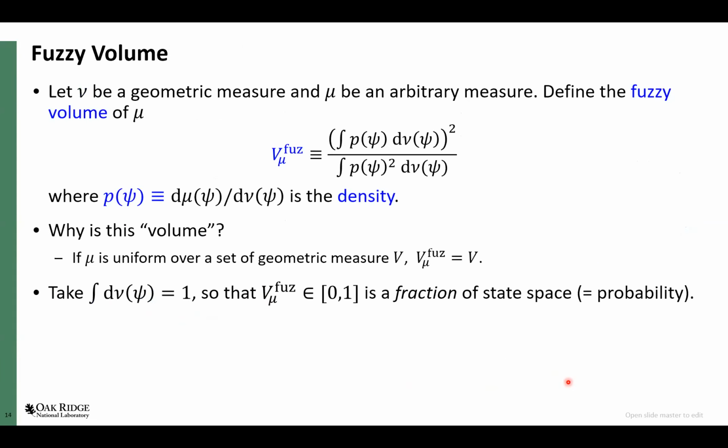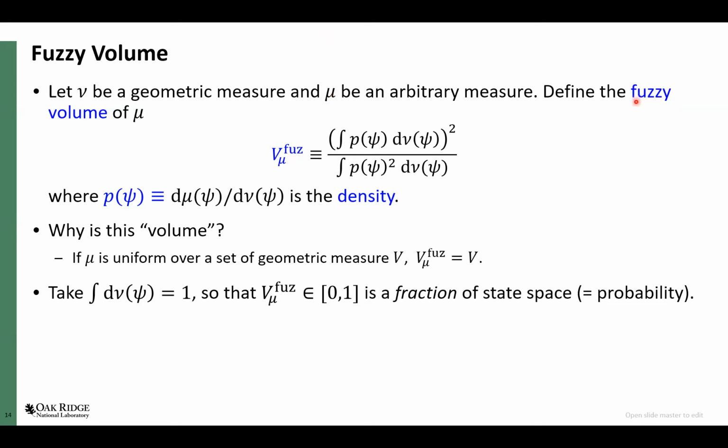So to make this connection, I'm going to introduce something called a fuzzy volume. Let's say we have a geometric measure on our state space. We'll call that nu, and you can think of that as being the Haar measure, or something else simple. And now let's say we have some other arbitrary measure mu. This could be a probability distribution, or it could be a distribution that represents a set that we can make.